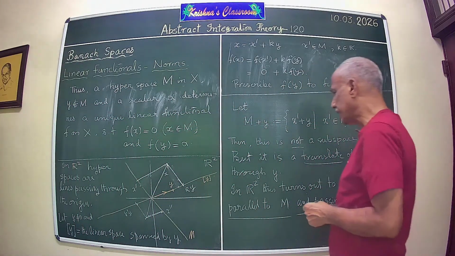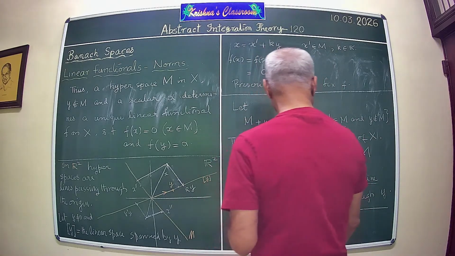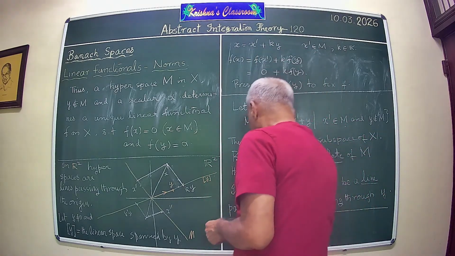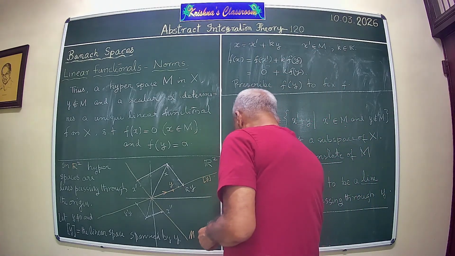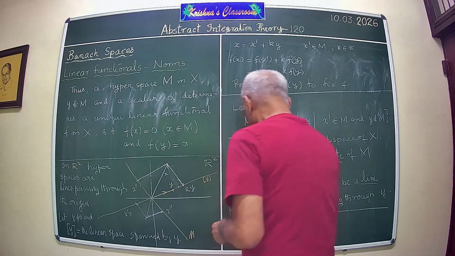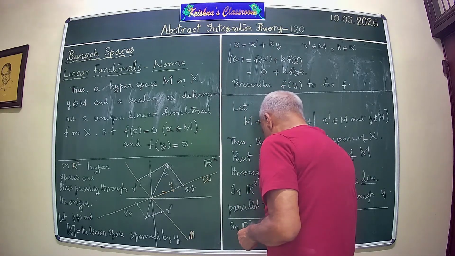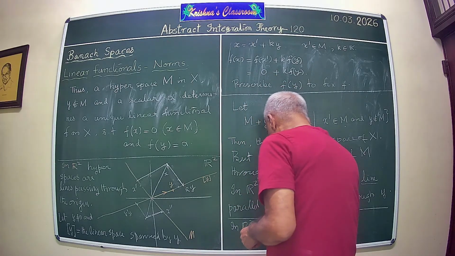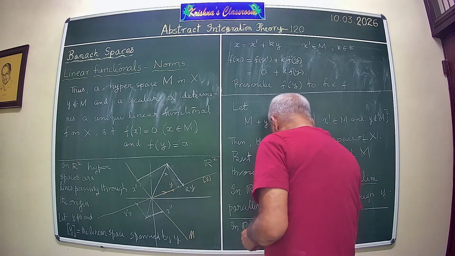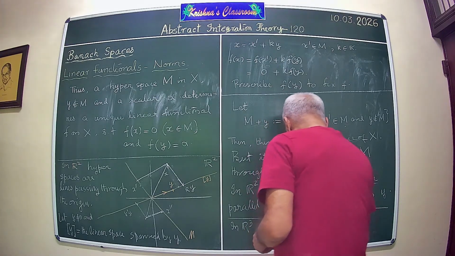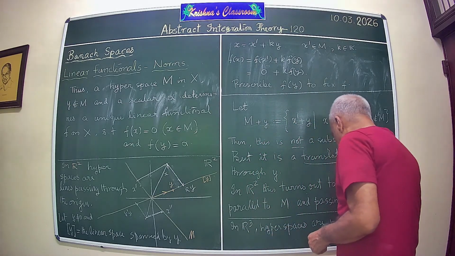And in R3, hyperspaces are planes through the origin.